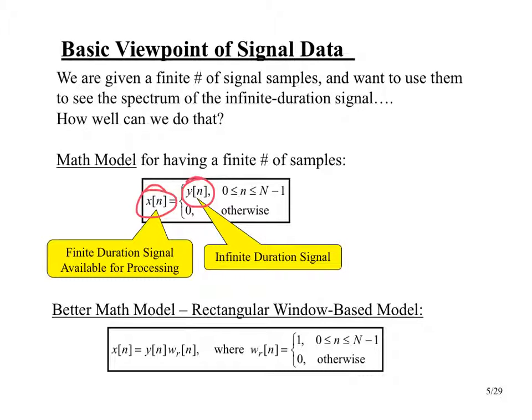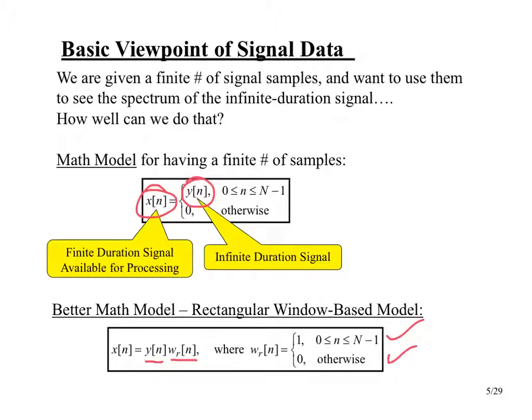So x of n is the finite duration signal that we have available, and we model collecting a finite number of non-zero samples by taking y of n and multiplying it by a rectangular window, w sub r of n, which is just 1 in the region where we're collecting, and 0 elsewhere.